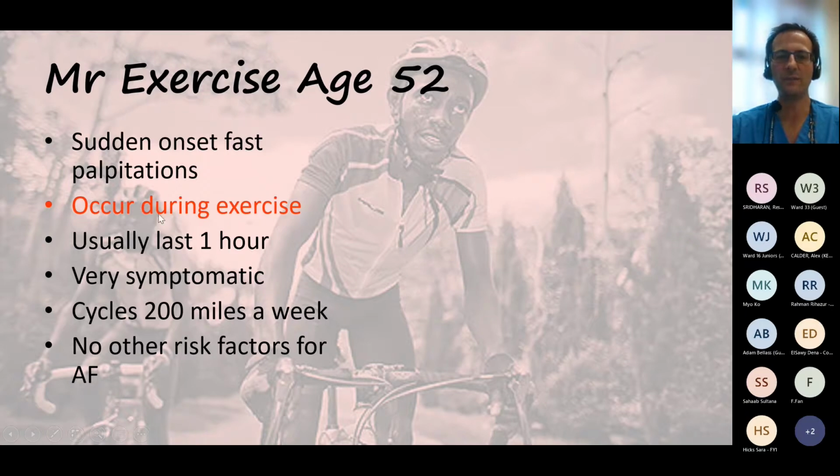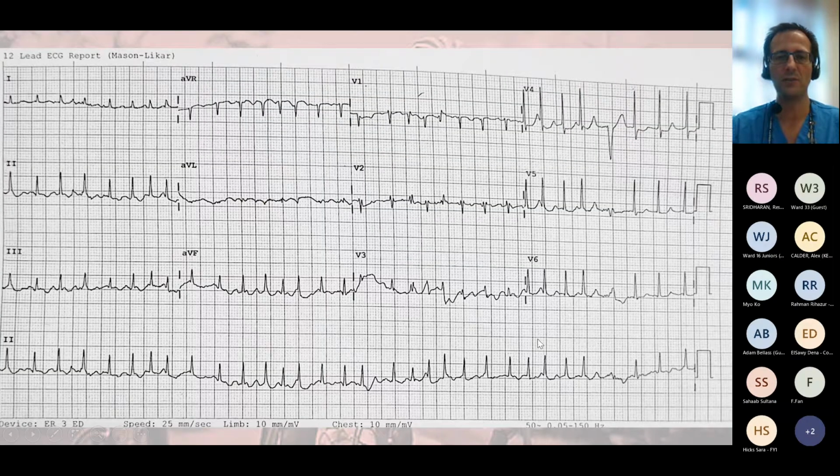That should worry you because patients could get VT during exercise, which obviously could explain his symptoms, not usually lasting for an hour, but all things are possible. So while in this case it turns out to be atrial fibrillation, the moment you hear exercise-induced palpitations, this is urgent, we need to find out what's going on with this chap.